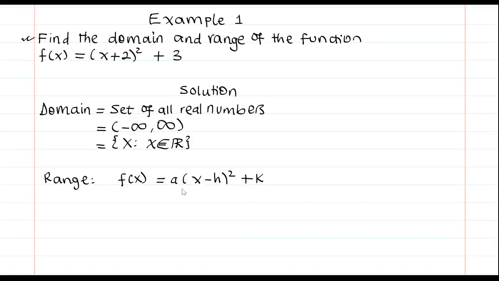Now let us compare the given equation to the vertex form. On comparing, our a corresponds to the coefficient before the bracket, that is 1. So our a is 1.